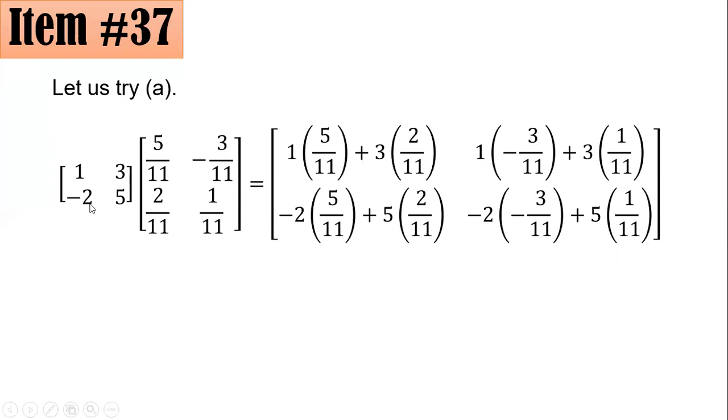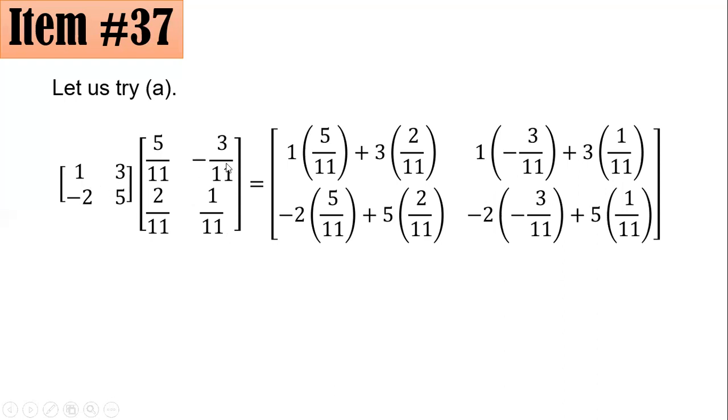Next, second row of the first, first column of the second: -2 times 5/11 plus 5 times 2/11. So it's here.